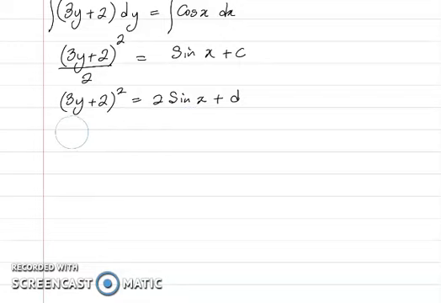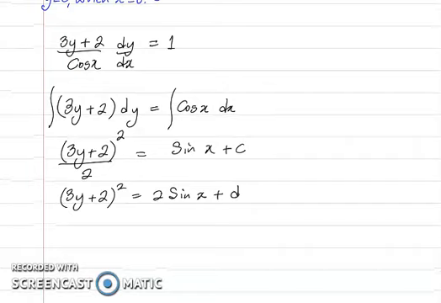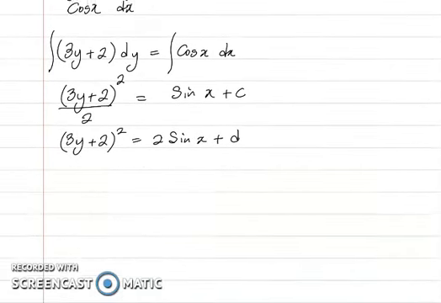All right, the boundary condition says that y is 0 when x is 0.